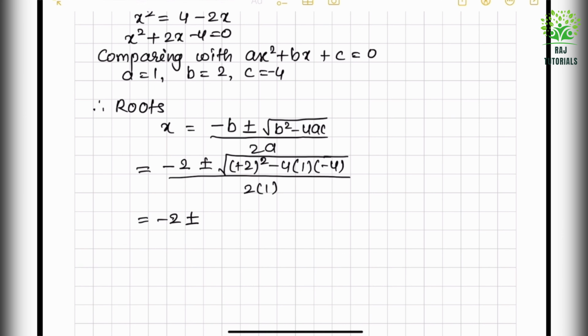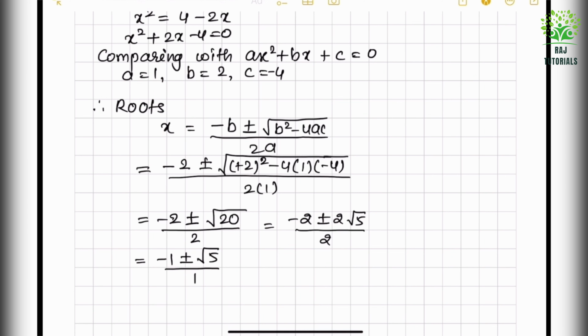So this will be minus 2 plus or minus, if I solve this root, I will have root 20 upon 2. So minus 2 plus or minus 2 root 5 upon 2.